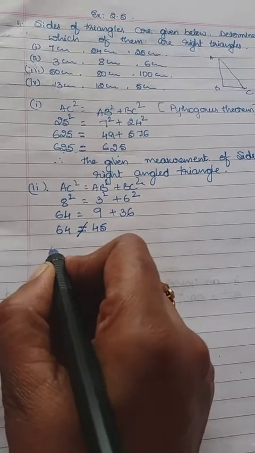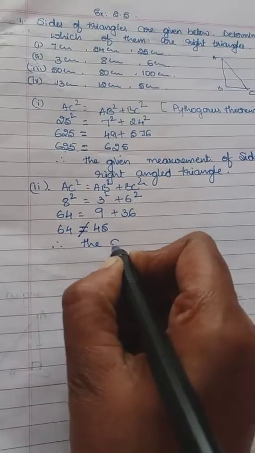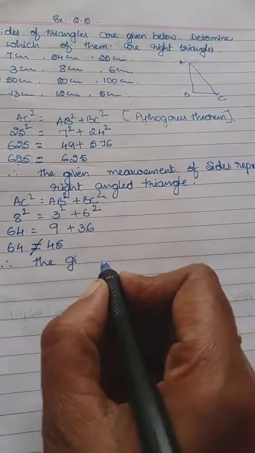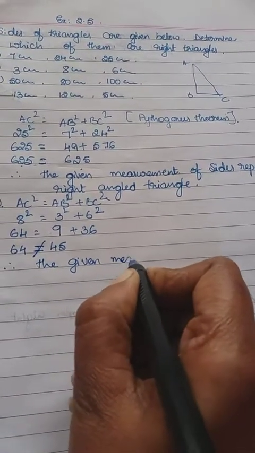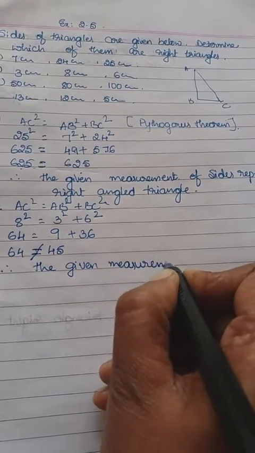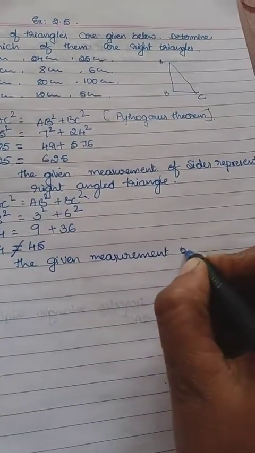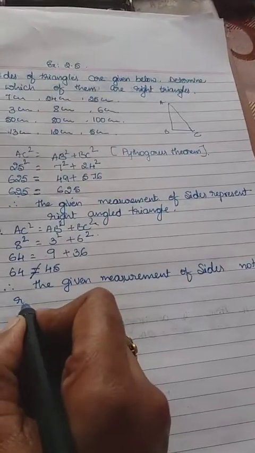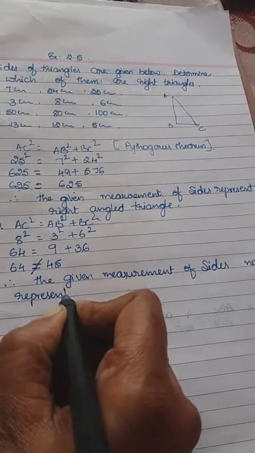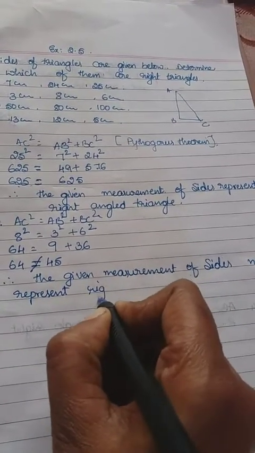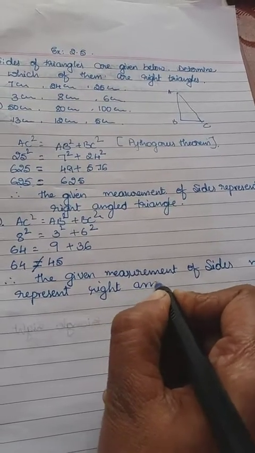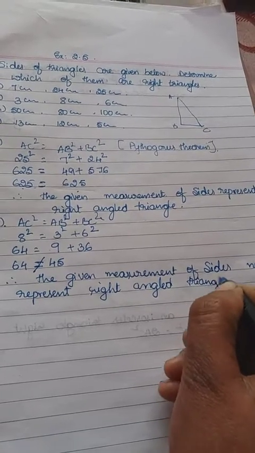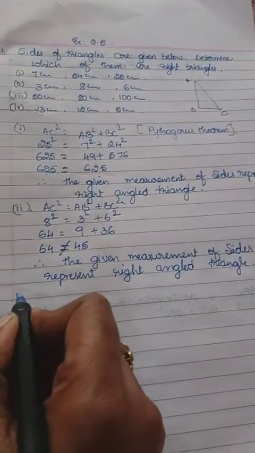Therefore, we can write: the given measurement of sides does not represent a right angled triangle, because both sides are not equal. According to which theorem? Pythagoras theorem.